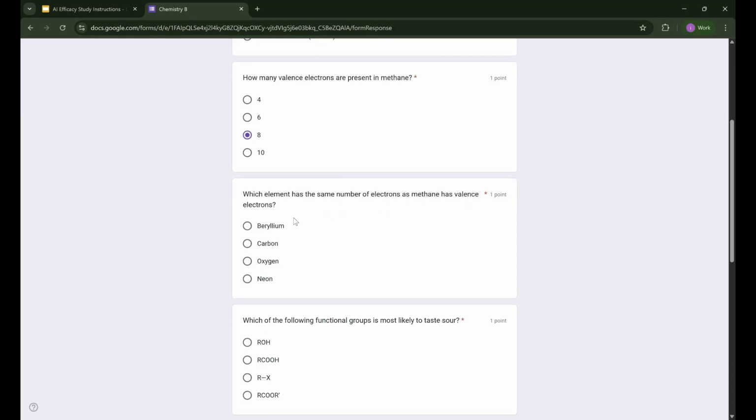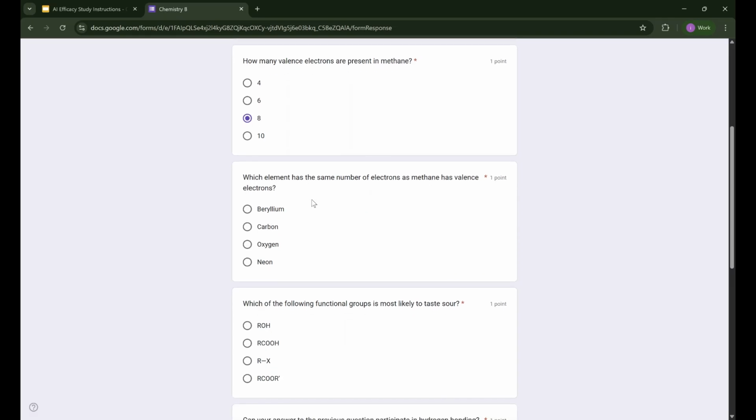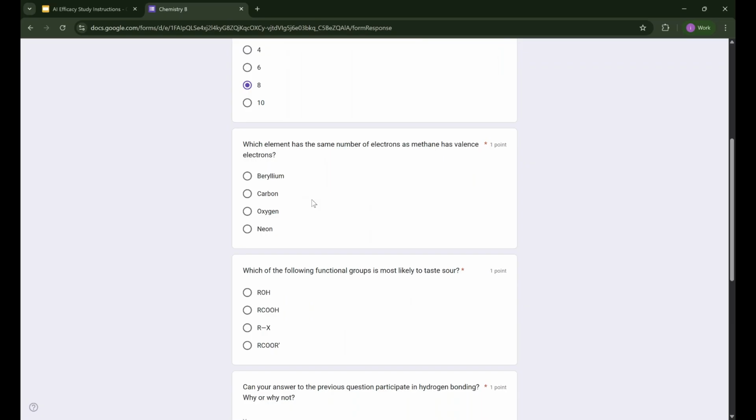Which element has the same number of electrons as methane has valence electrons? Oh, okay. So hydrogen, helium, lithium, beryllium, boron, carbon, nitrogen, oxygen. Wait, hold on.